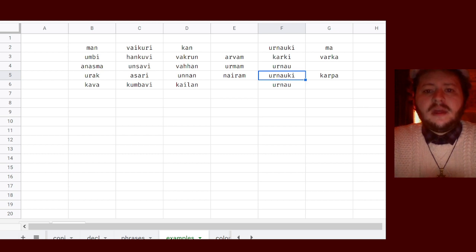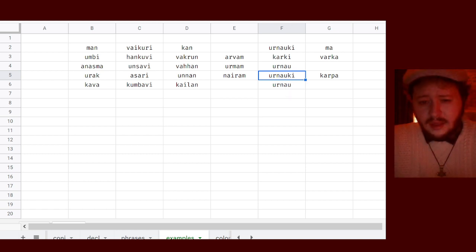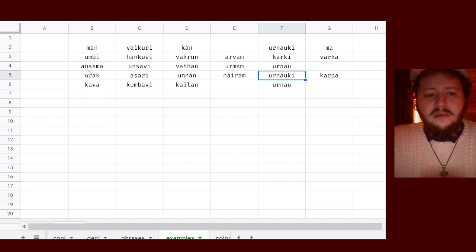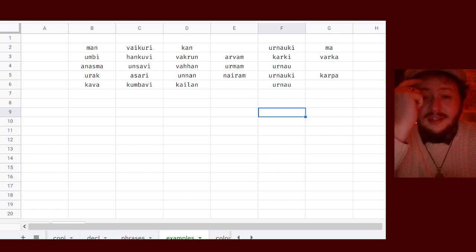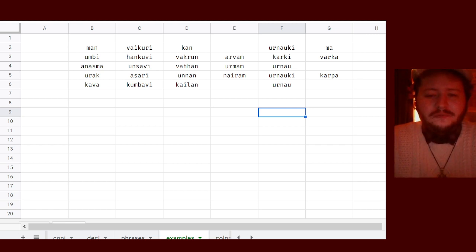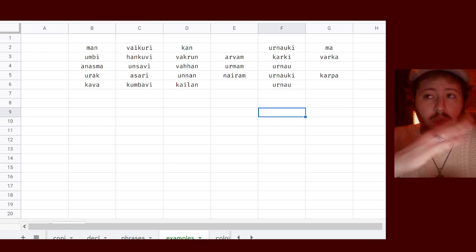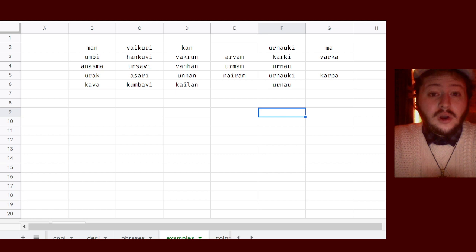Uranauki actually comes from the root that means to hear in most of the languages that inherit it from Proto-Indo-European. But uranauki means just to sense in general in this language. And what you do to say what the sense is, you actually put the organ that's typically used to feel that sense in the dative case, the case that typically means like to or for or on in this language.